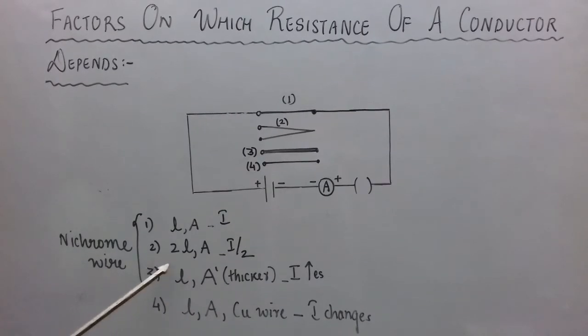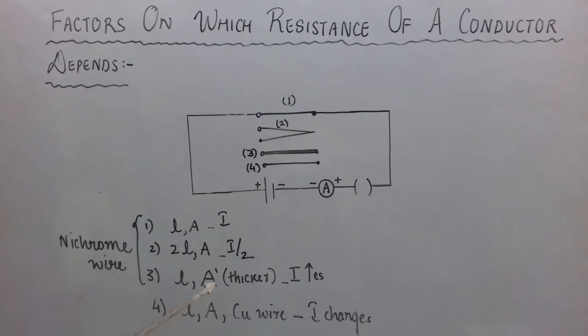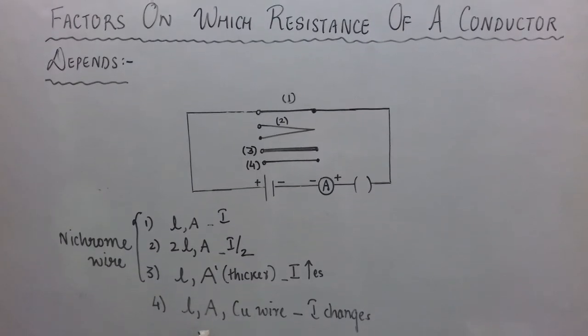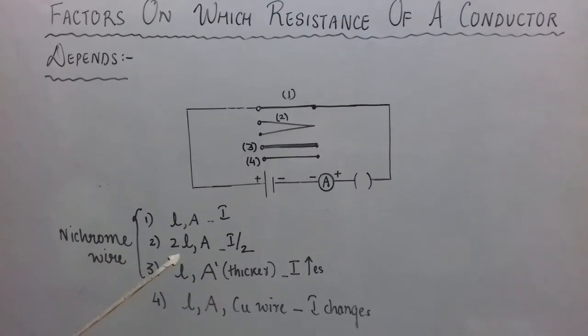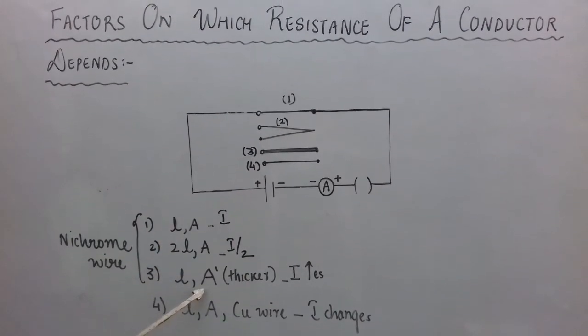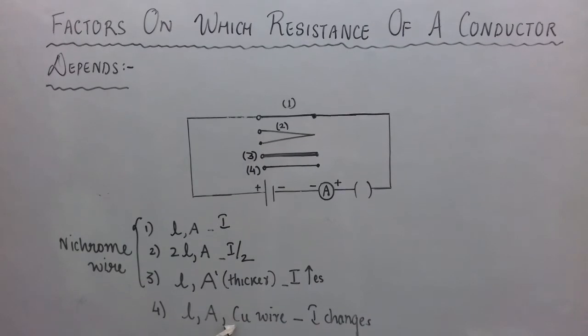So if current changes, then resistance also changes when length changes, thickness changes and material changes. Now since I is inversely proportional to R, let us see what happens to resistance when the length changes, thickness changes and nature of material changes.